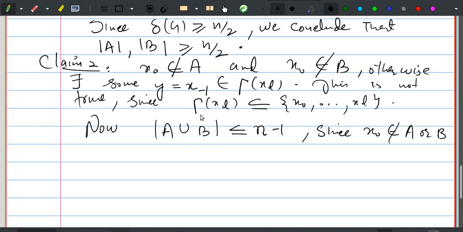So the size of A union B is at most n minus 1, because x naught is neither in A nor in B. So this is the inequality here.